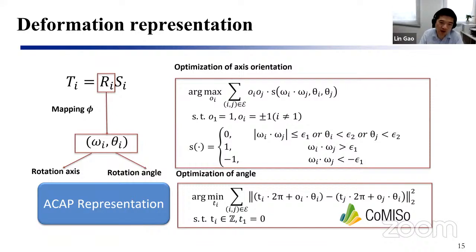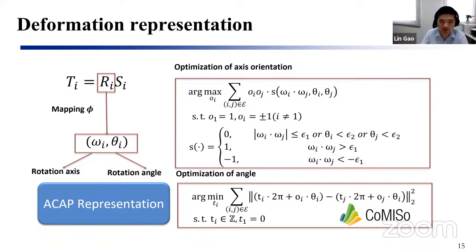So with this optimization, we could calculate the rotation axis, and then given the rotation axis, we could optimize the rotation angle. The difference between the rotation angles of adjacent vertices should also be as small as possible. So we could optimize this formulation to get the rotation cycle of each angle.